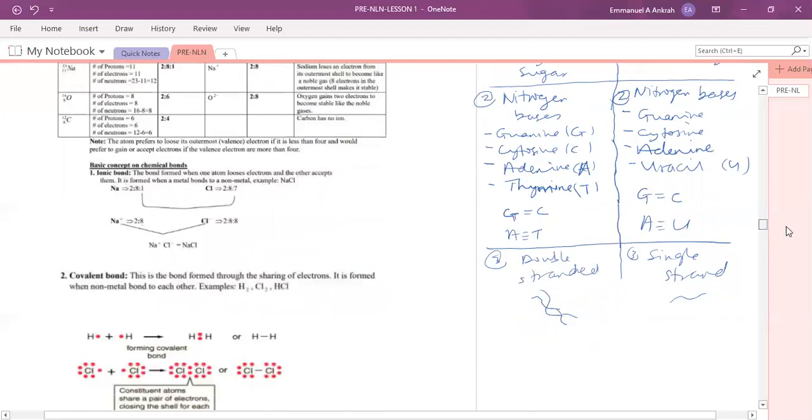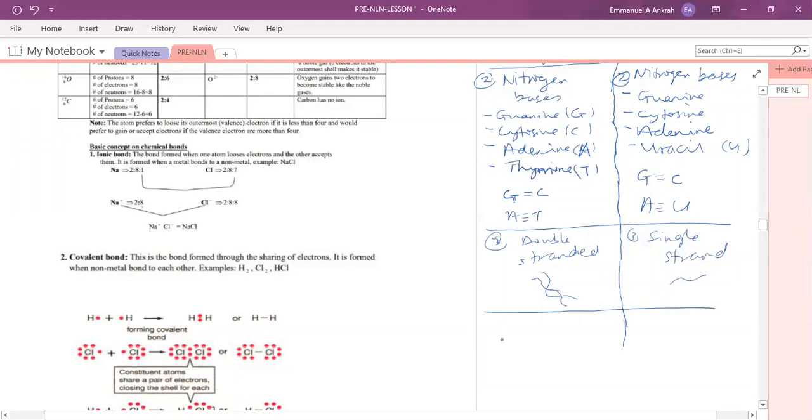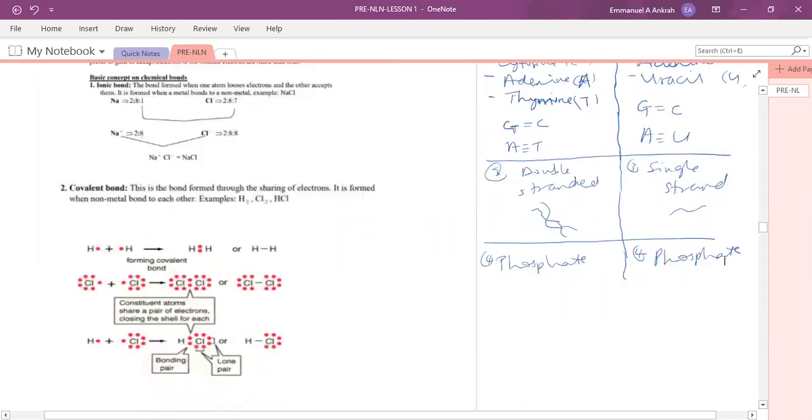And then the last thing that they all have is the phosphates. They all have phosphates in them. Okay.